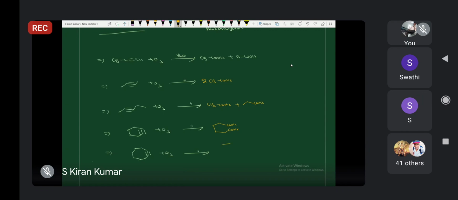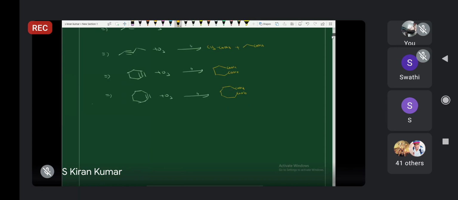Cyclooctyne gives octane-1,8-dioic acid. Very good. Simple conversion, simple one.